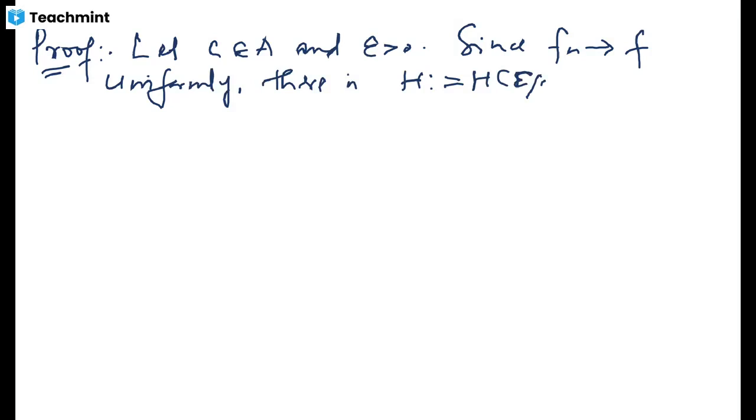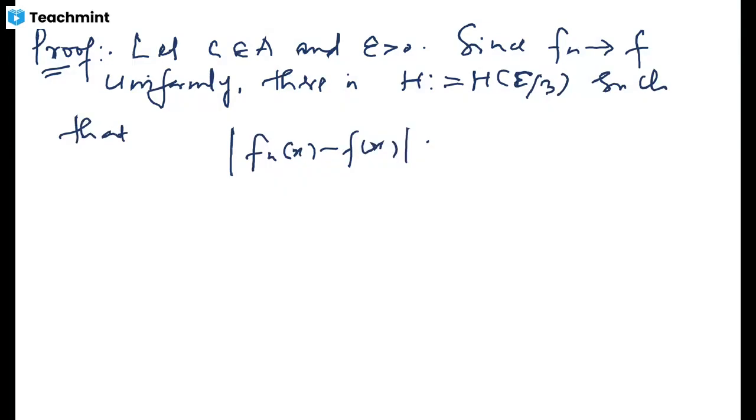I'm taking epsilon by 3 such that, applying the definition of uniform convergence, |f_n(x) minus f(x)| will be less than epsilon by 3 for every n greater than or equal to h and x in A. This follows from the definition of uniform convergence.